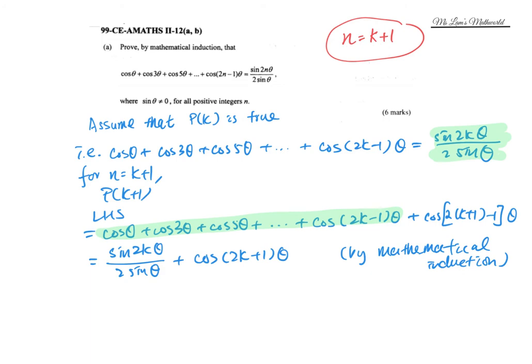So I think it is not difficult at this moment, but now the difficult part comes, because the question requires us to find the right hand side equals to sine (2 times (k plus 1)) theta divided by 2 sine theta. It is not easy to see how to change from these two terms into this one. But you can see that we will only have one term here, and that means we are going to simplify something.